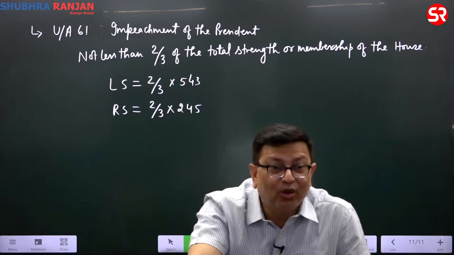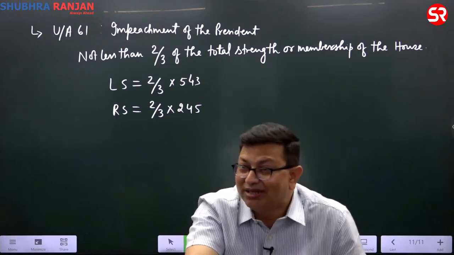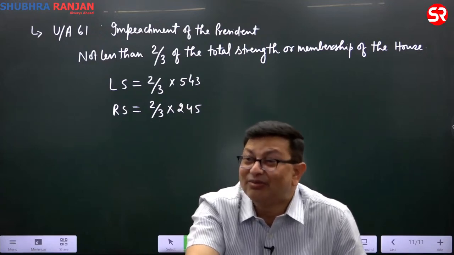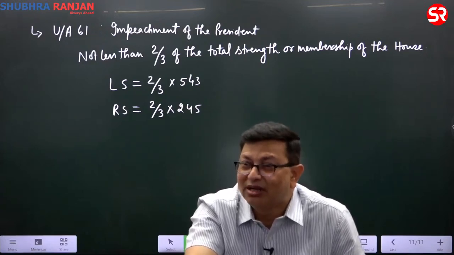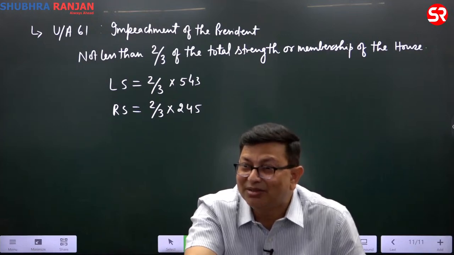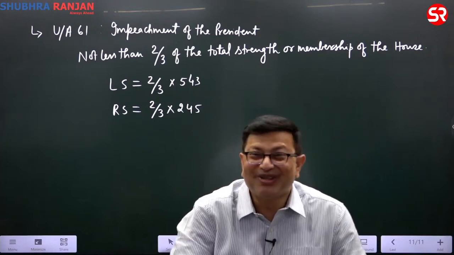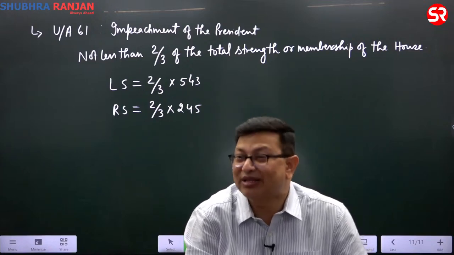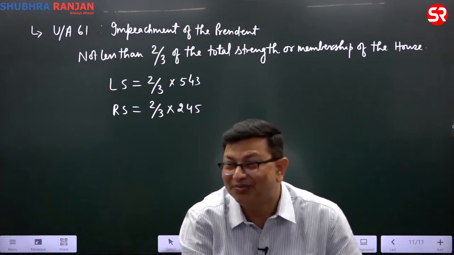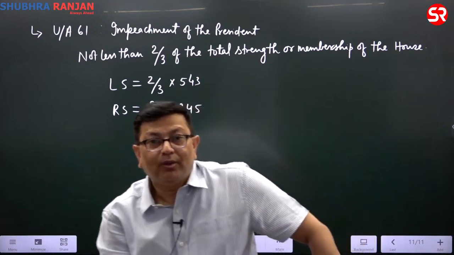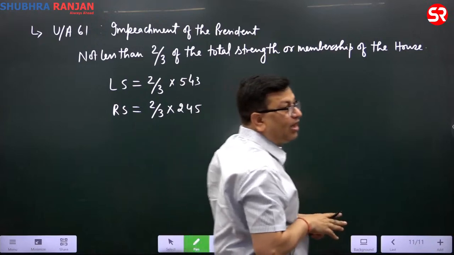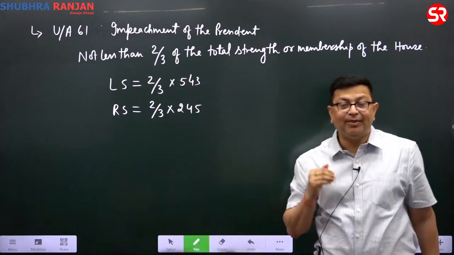Because if both the houses have passed the resolution, then the president will have to remove the judge. Otherwise, it will be a violation of the constitution and the president can be impeached also. Because both the houses of the parliament have passed the resolution. You will have to respect the mandate also. So, these are the different types of majorities under the Constitution of India.